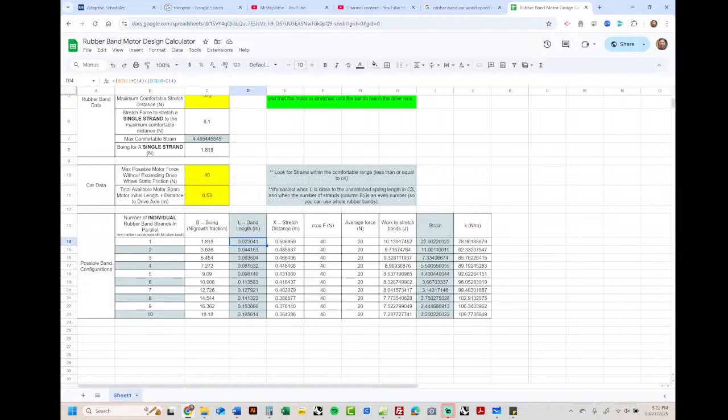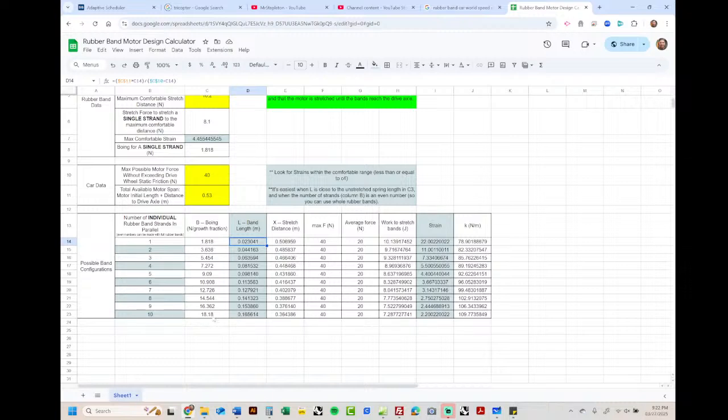So your work distance is greater. And the Boeing doesn't have to be really big because Boeing is the amount of force per strain. So the bigger the strain, the lower the Boeing can be. As the strain goes down, the Boeing has to go up.